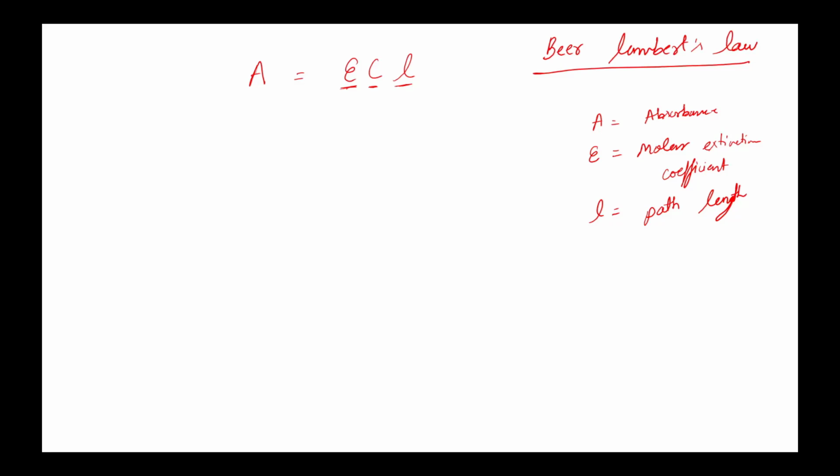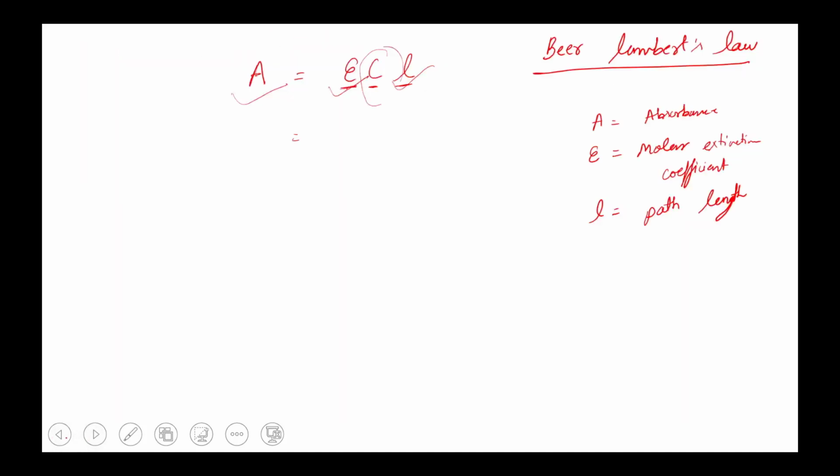So absorbance would be ECL. Once we get the value of absorbance, we have the value of the molar extinction coefficient, and we know the length of the cuvette that we are using, we can easily calculate C, the concentration of that sample. So the more the concentration, the more will be the absorbance.